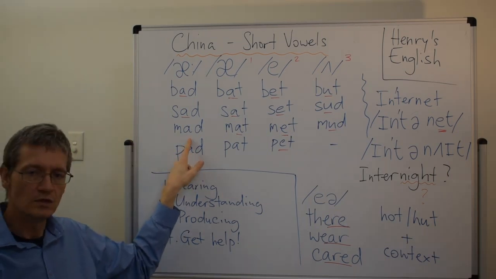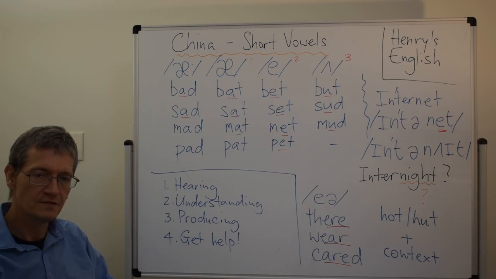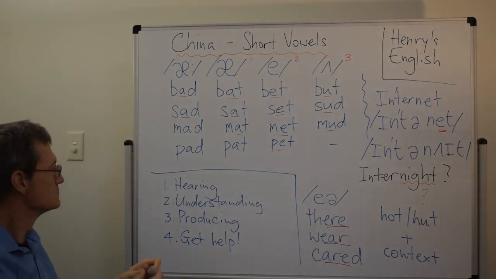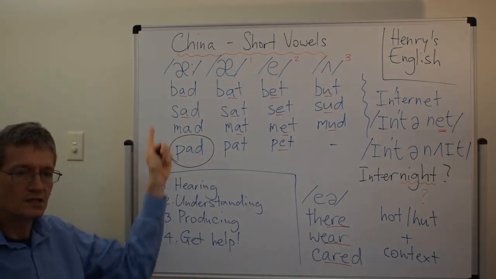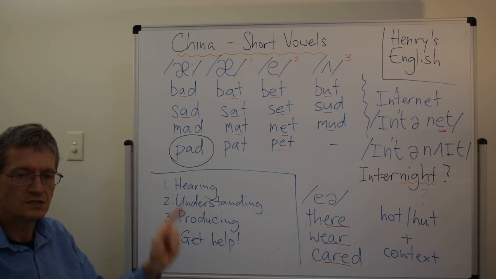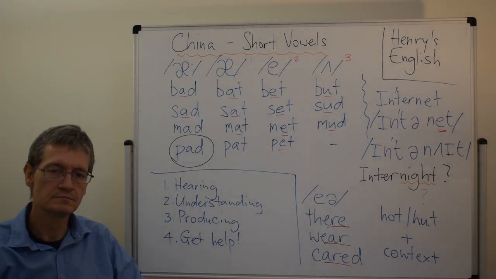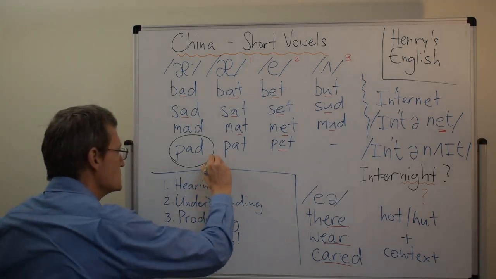And listen to this word. Mad. Pad. Mad. Notice anything different? This word here does not belong in this column. It belongs in a different one. Can you tell me which one? It actually belongs in this column.